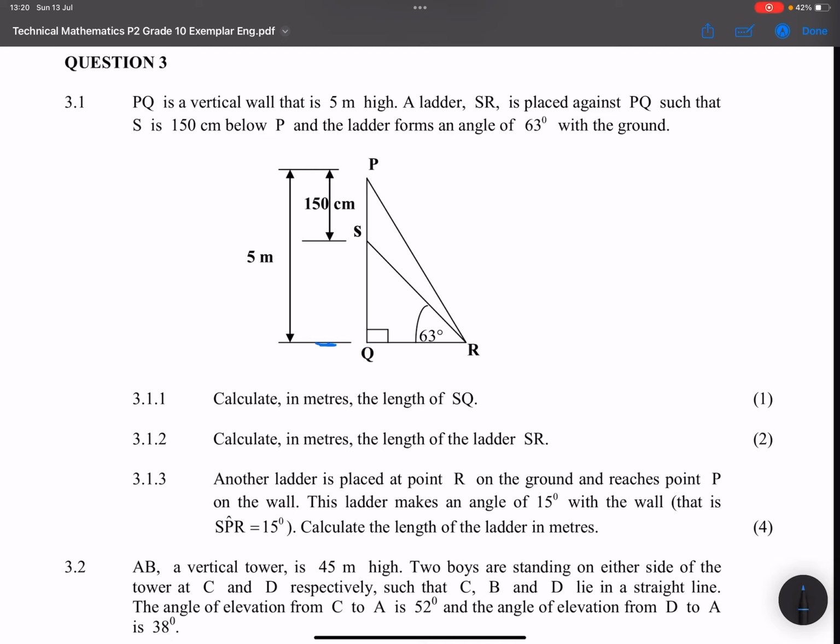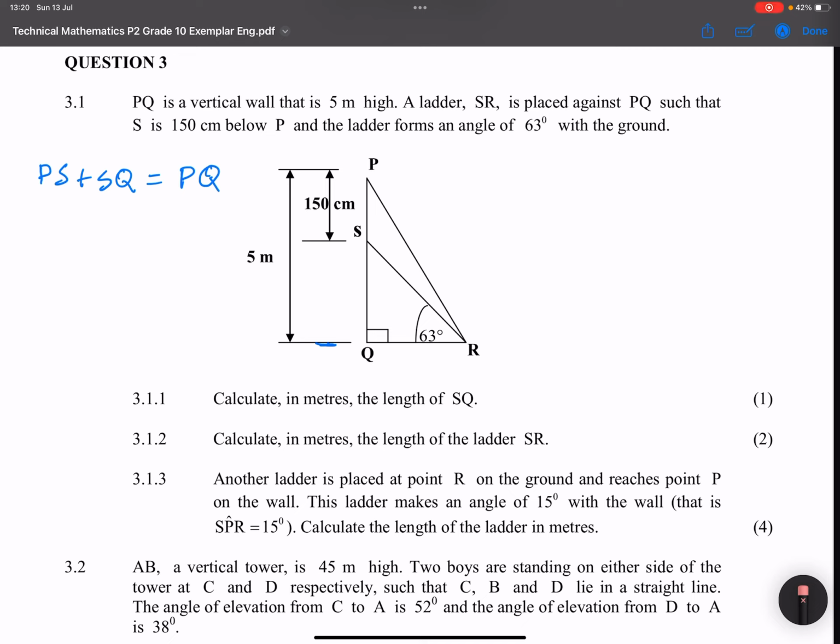So let me put it this way. Let's say that PS plus SQ will be equal to the entire distance PQ, right? So meaning this little portion here plus that portion over there gives us this entire length over there, which is PQ.